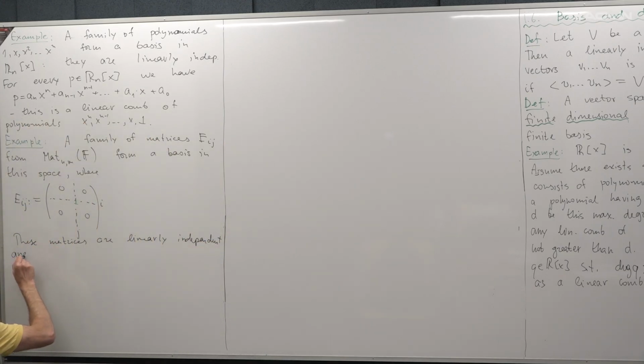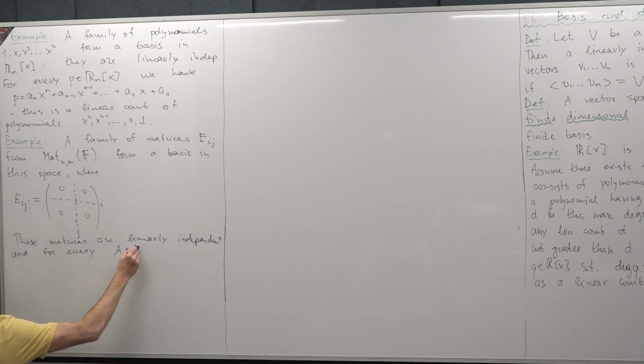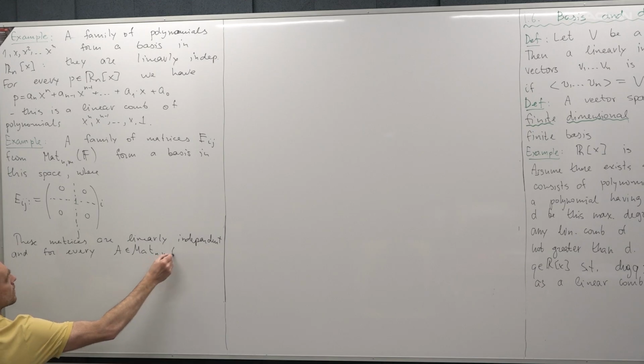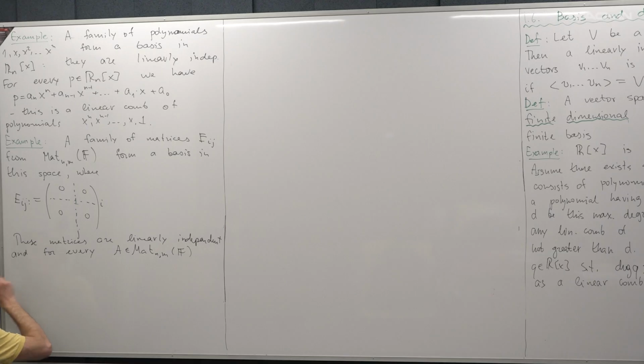And for every matrix A from the space of matrices with n rows and m columns, we have A equals the sum where i ranges from 1 to n and j ranges from 1 to m of A sub ij multiplied by E sub ij.